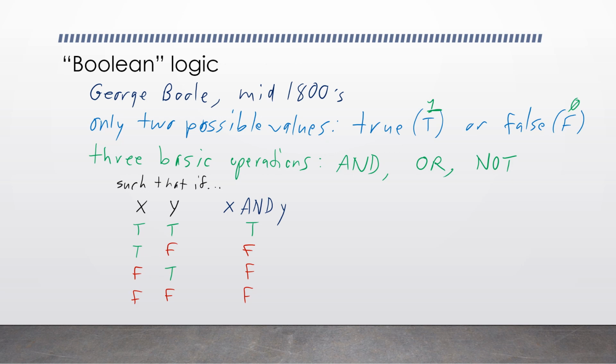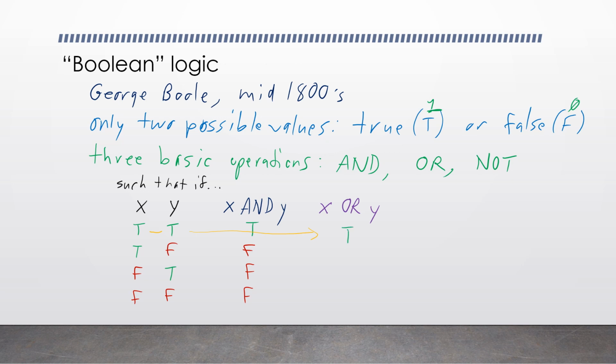Okay. What if we tested X or Y? Now, X or Y is true if either one is true. So they're both true here, so that evaluates to true.